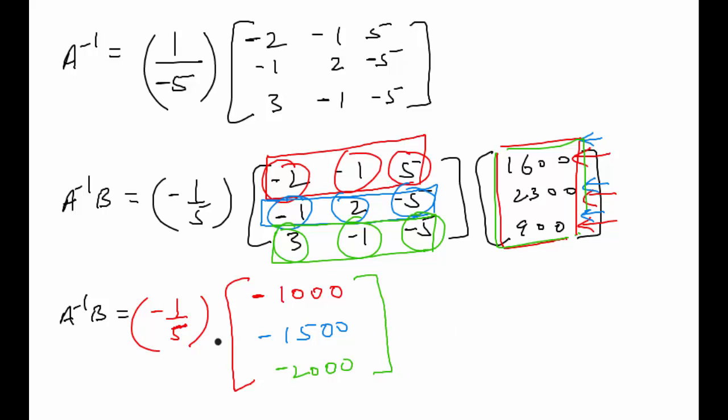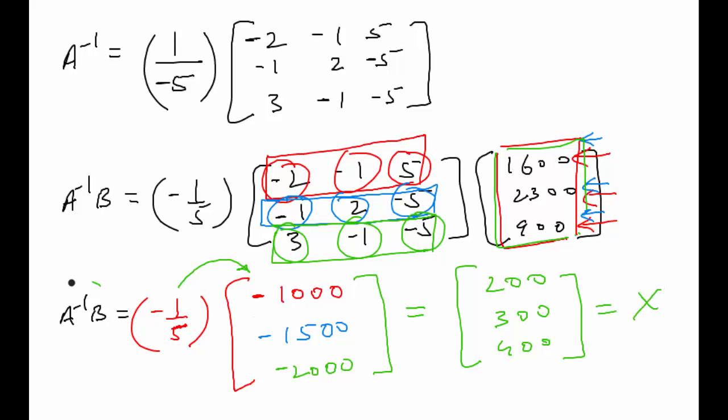Okay, this is our value of A inverse B. Let us further multiply minus 1 by 5 into each of the elements, right? So that will give us the simplified value of 200, 300 and 400. Now this value is exactly equal to what? X, because A inverse B is X. But X was what? X was this particular type of matrix.